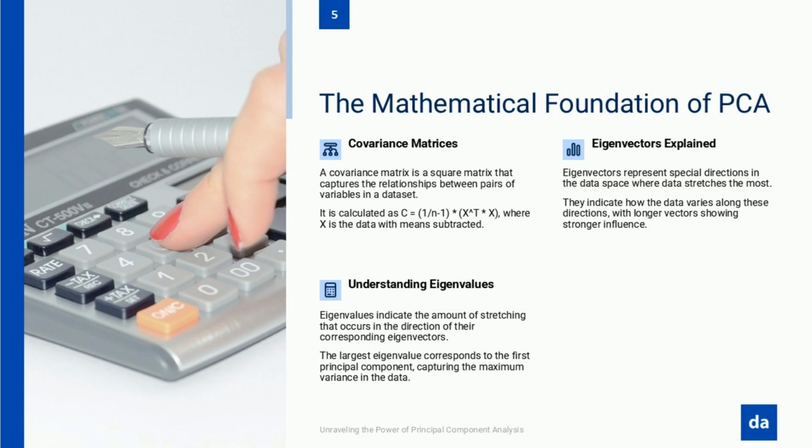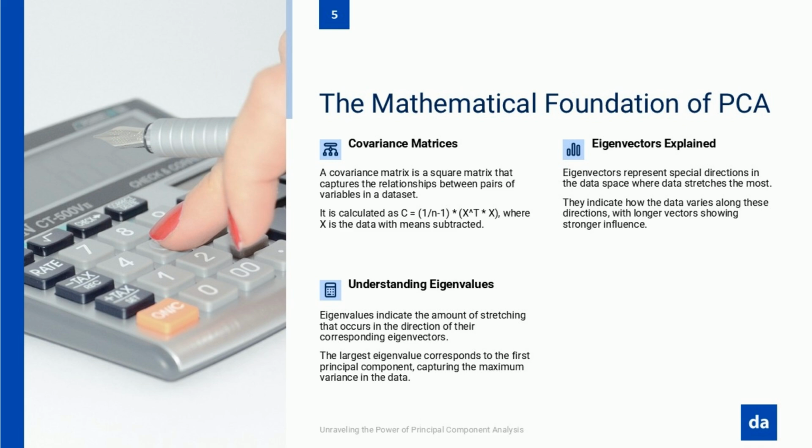Then you take the transpose of this adjusted data and multiply it by the adjusted data itself. Finally, you scale the result by 1 divided by the number of samples minus 1. The numbers on the diagonal tell you how much each variable varies on its own, while the numbers off the diagonal show you how pairs of variables vary together.